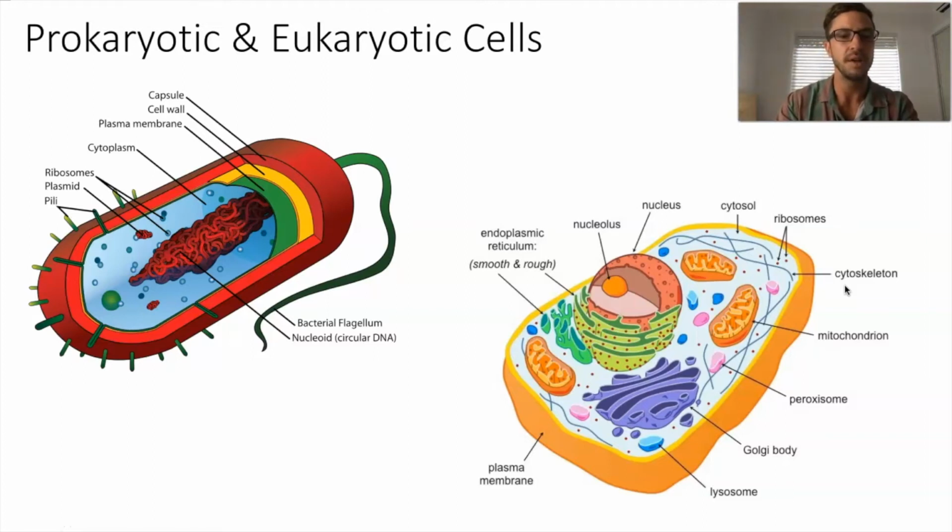So when we look at eukaryotic cells, we have all these organelles, and that word is Latin, and it just means little organs. The reason why eukaryotes are more complex and can do more things and make more complex organisms when they even come together is because of these membrane-bound organelles. It's like little environments within each one of these that allow them to specialize and perform a particular function.